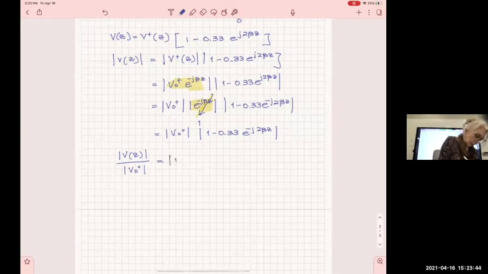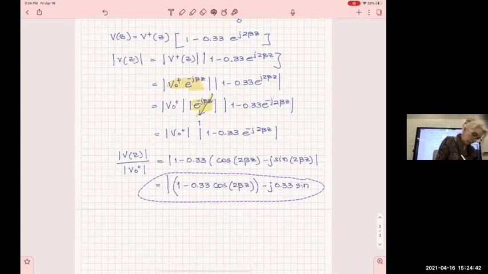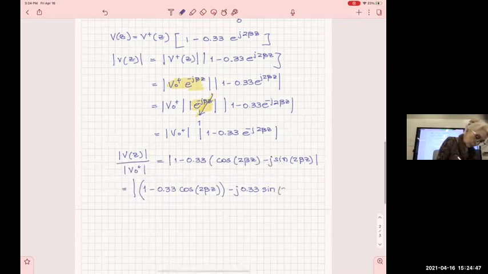If I write this complex number a little more carefully, so I'm doing it extremely slowly and clearly so you see the details, it is cosine of 2 beta z minus j sine of 2 beta z, which in fact gives us the magnitude of 1 minus 0.33 cosine 2 beta z, all right, and that's your real part, minus j 0.33 sine of 2 beta z.